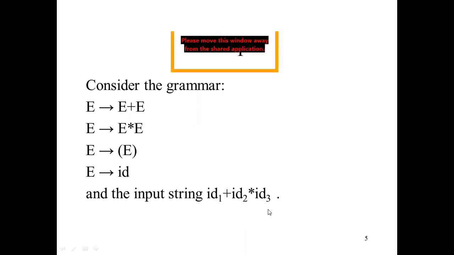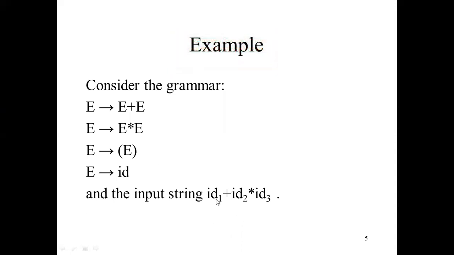No need to remember this, but this is a sort of problem and this is the grammar already given, and the input string is id1 plus id2 star id3, meaning id2 multiplied by id3. So this is the input string and this is the given grammar.